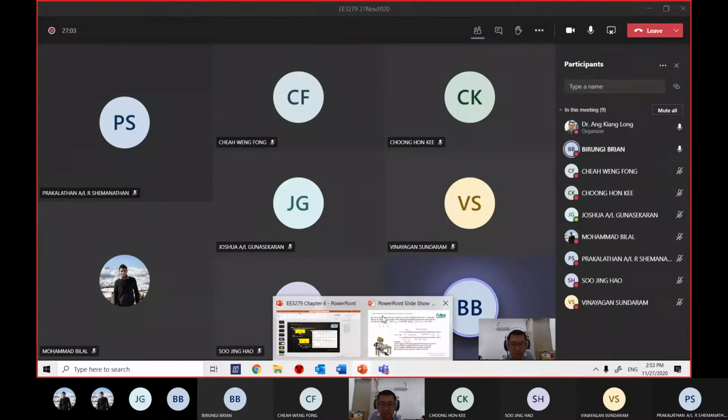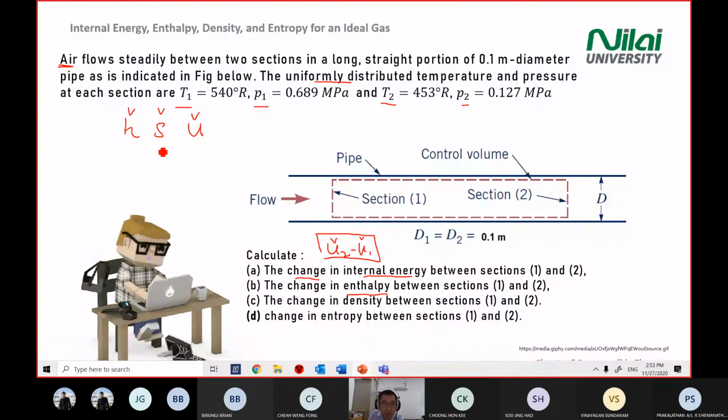Which symbol or alphabet do we use for entropy?